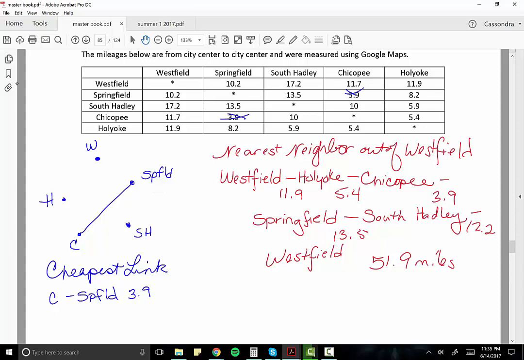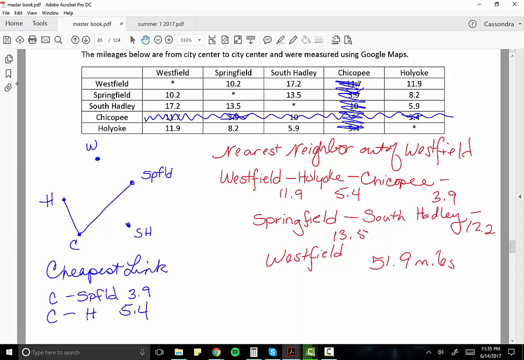The next cheapest edge I'm going to pick is 5.4, which is Chicopee to Holyoke. I'm going to mark off the 5.4 here. Now, since I've been in and out of Chicopee, everything from Chicopee is done. It's off of my choices. I can't use it. So I scribble that out.